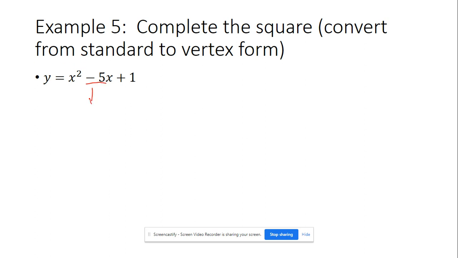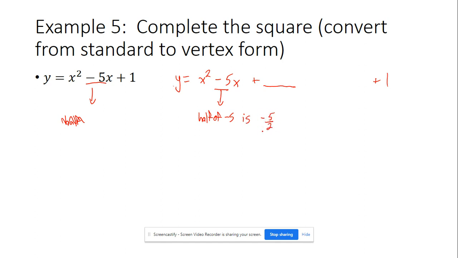So here, let's back up, sorry. I want to go y equals x squared minus 5x plus something, and I still have this plus 1 here. Now half of negative 5 is negative 5 over 2.